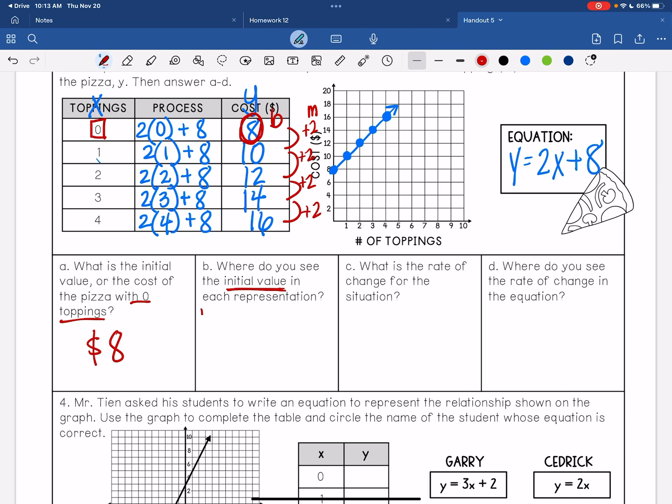So we always see B in the table at X equals 0. And we always see it in the graph on the y-axis. That's where you'll find B.